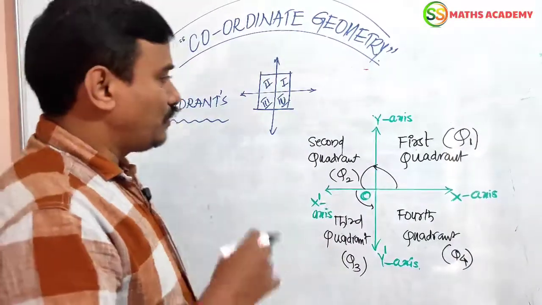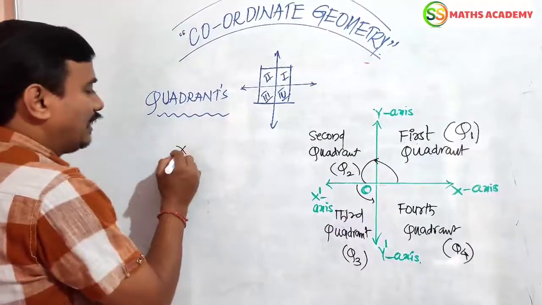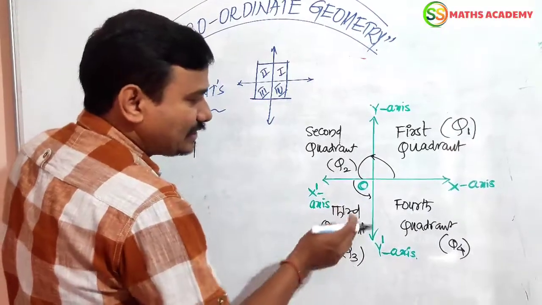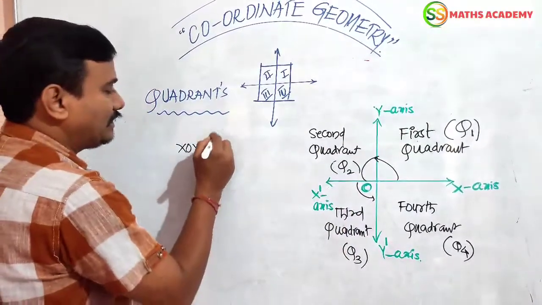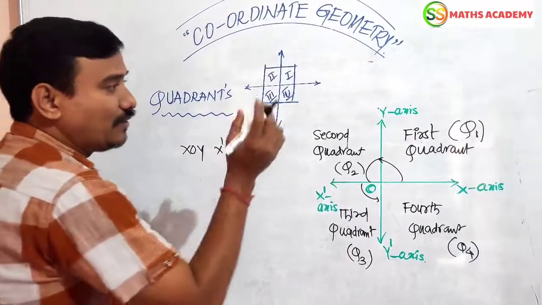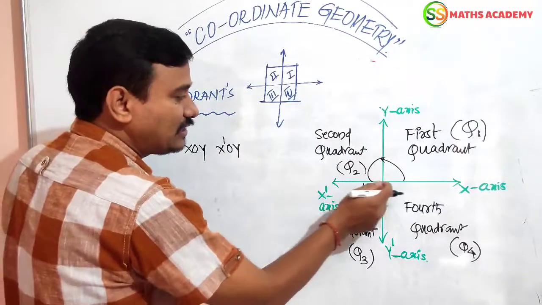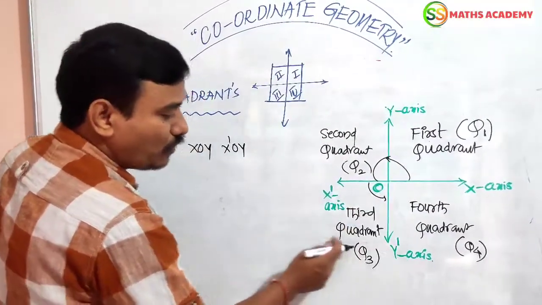Here, dear viewers, you have to observe the first region XOY. Next, the second region. Where is the second region? Here. So X dash OY. First region is XOY. Second quadrant is X dash OY, and third region is X dash OY dash.